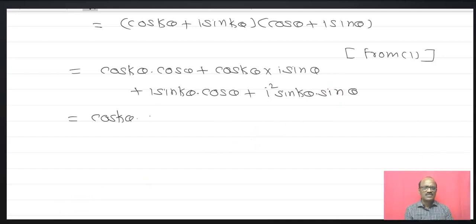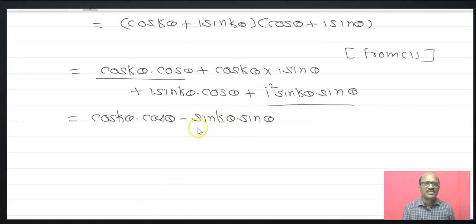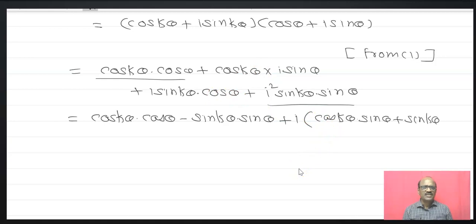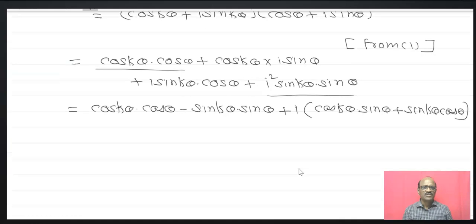Now see this here: cos k theta cos theta minus, since i square is minus 1, therefore the last term we consider here. These two terms are the underlined terms. Now take i common from the second and third terms, then in the bracket you will get cos k theta sin theta plus sin k theta cos theta.